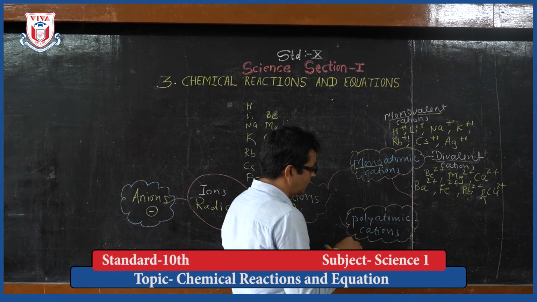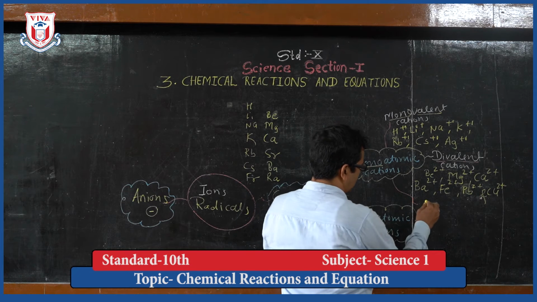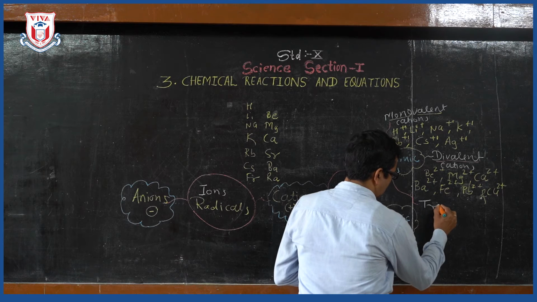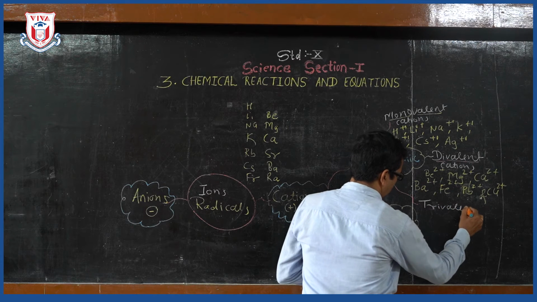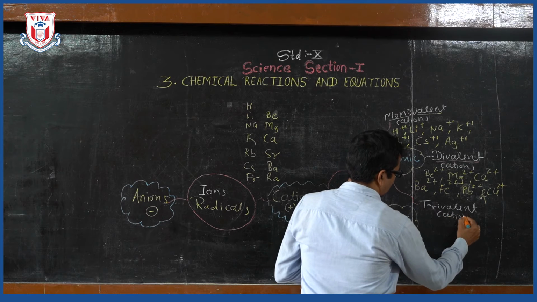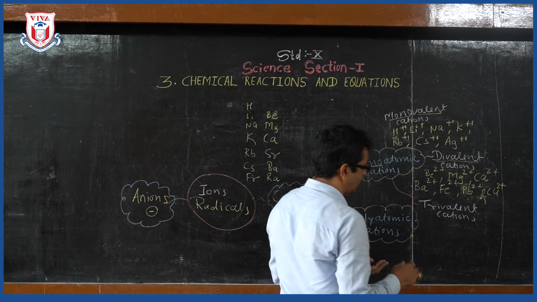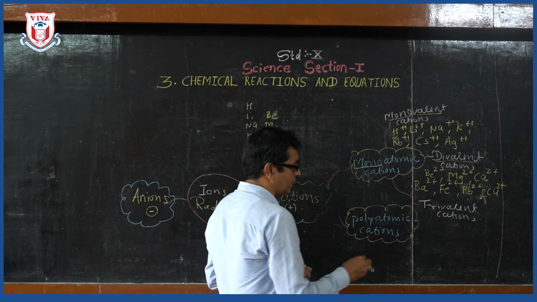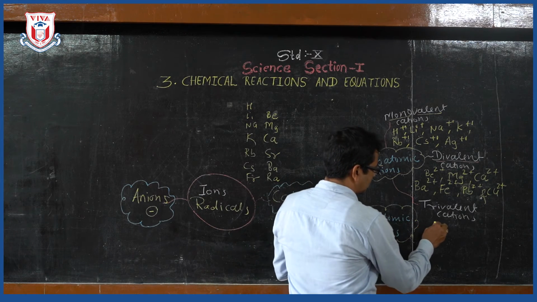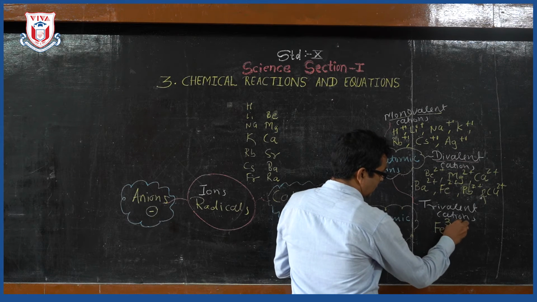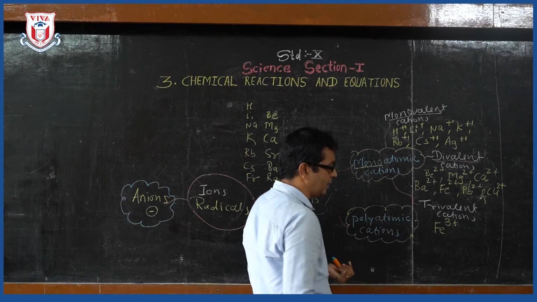Now the third one is trivalent cations. In trivalent cations you can write examples, that is Fe3 plus, that is a ferric ion.